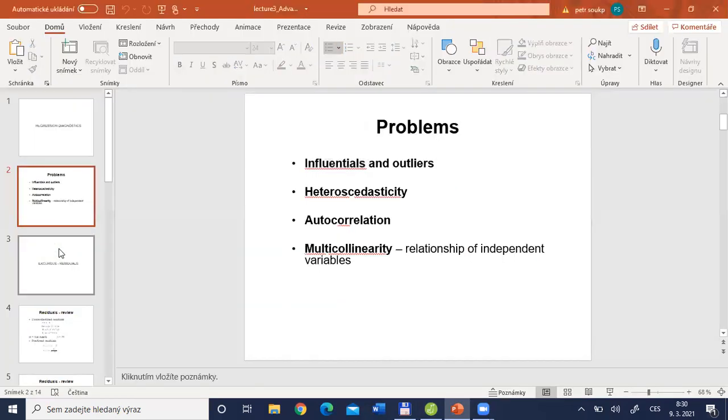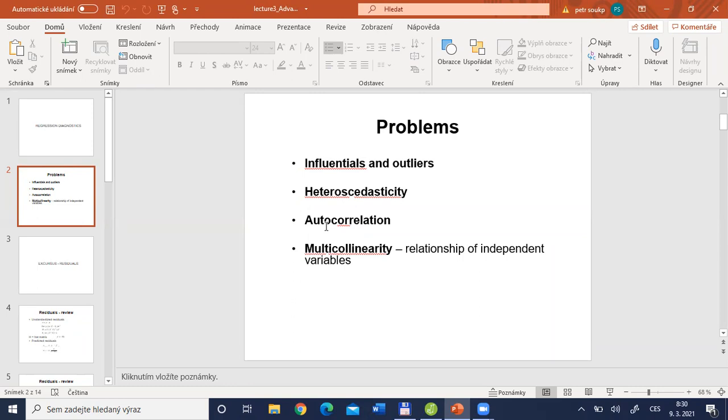So that's the discussion about influentials. Today we will learn more about how we can find influentials automatically, by some diagnostic checks in JASP, and we will also discuss the possibility of solutions.